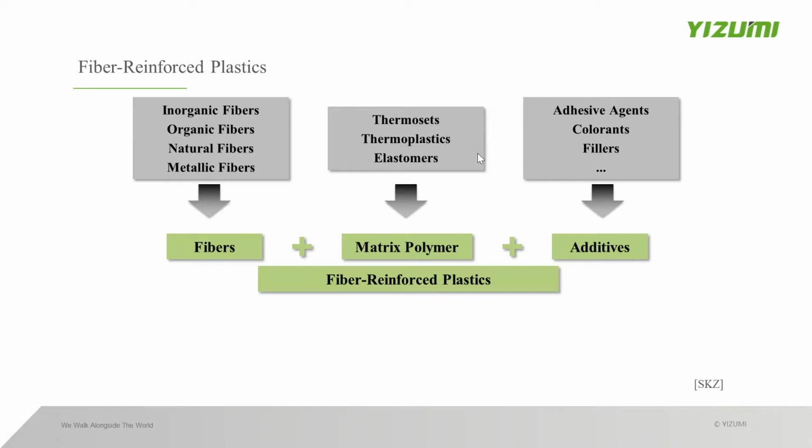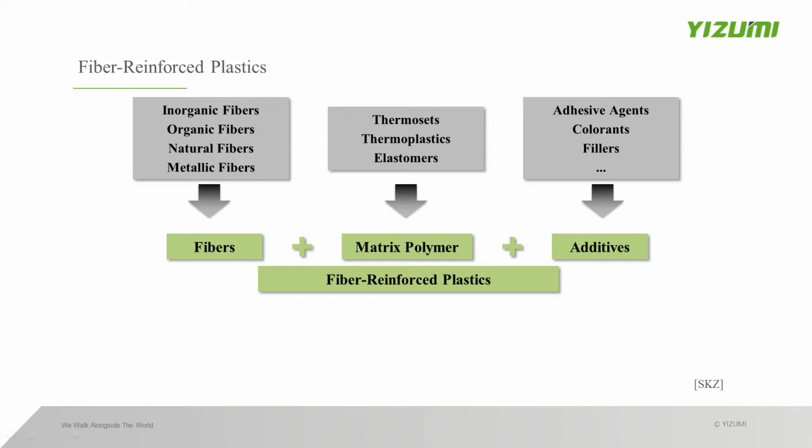For the polymer, as I said at the beginning, Direct Pro is for the injection molding machine, so we will focus on thermoplastics. And the additives for the thermoplastic and glass fiber are colorings, fillers, like that. And you can see here we have so many, very huge thermoplastic types.